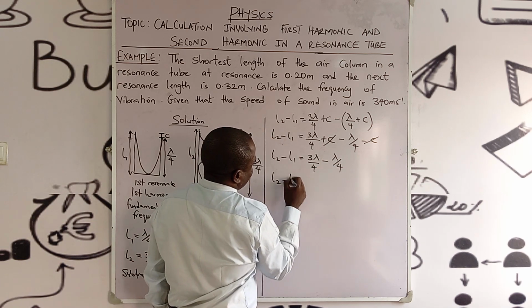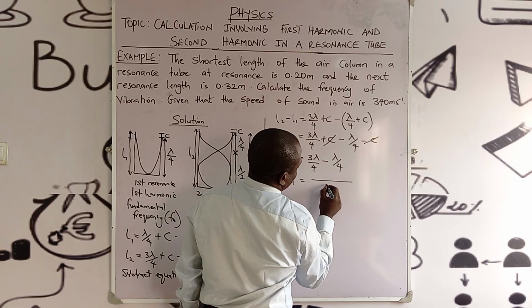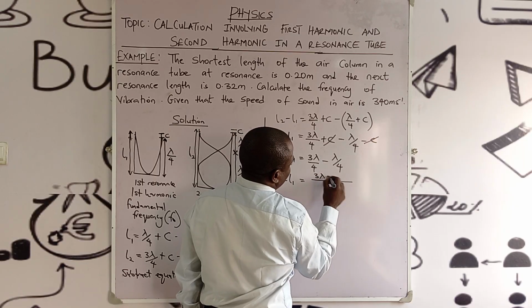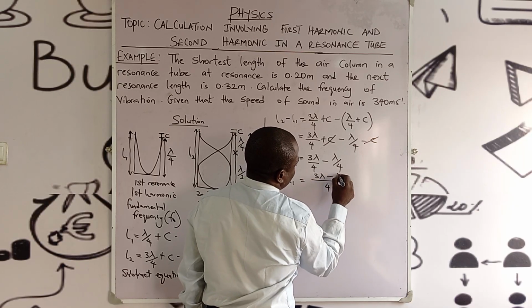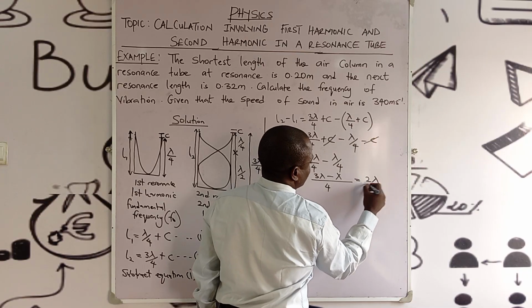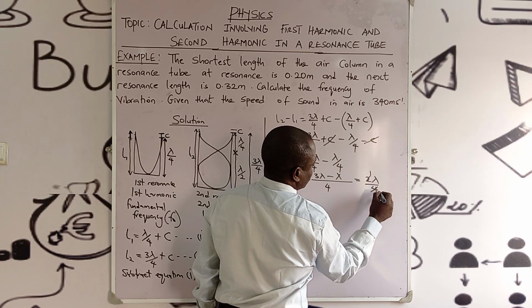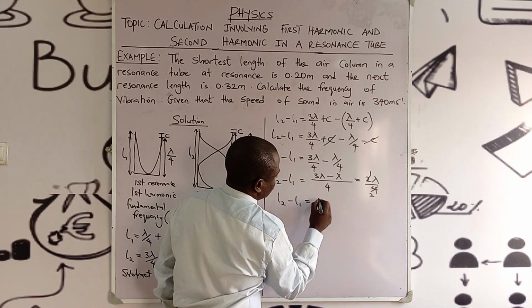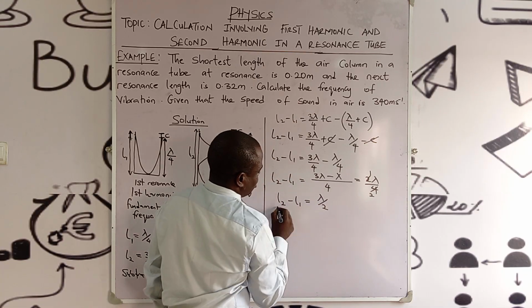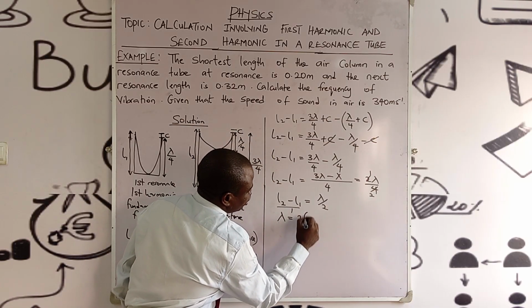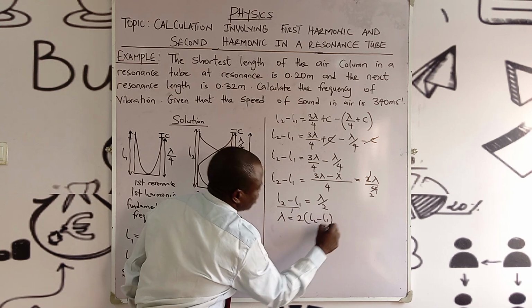What's the LCM? 4. 4 goes in 4, 1 times 3 lambda, minus 4 goes in 4, 1 times lambda, which is 3 lambda minus lambda, that's 2 lambda over 4. Now, your L2 minus L1 equals lambda over 2. Now, cross multiply, make lambda the subject of the formula. Lambda equals 2 into L2 minus L1.